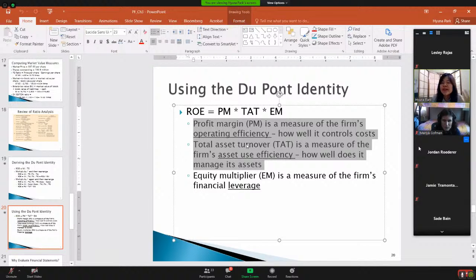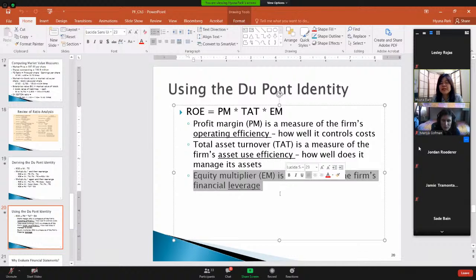The more efficient the company runs the business and the more profitable the company's operations are, the higher the margins the company earns for the same amount of sales, and return on equity will be higher. And the last component measures the company's financial leverage. So that's the capital structure decision, debt versus equity.